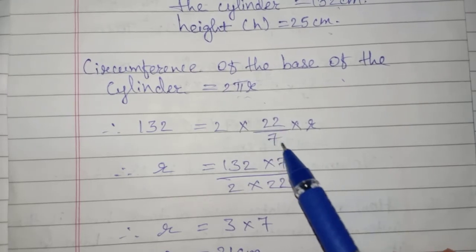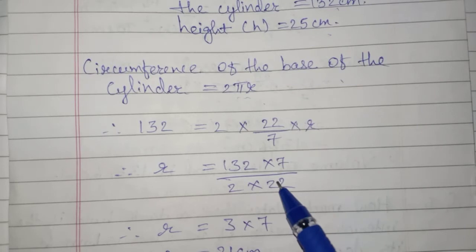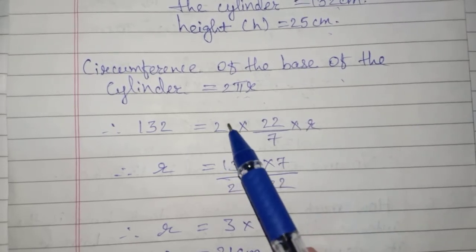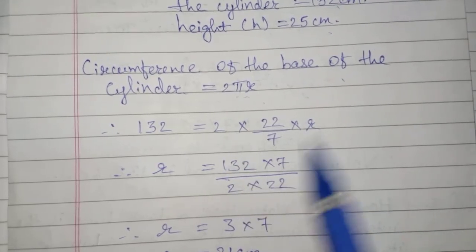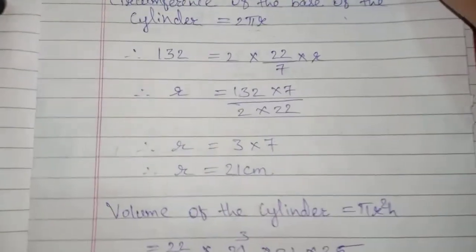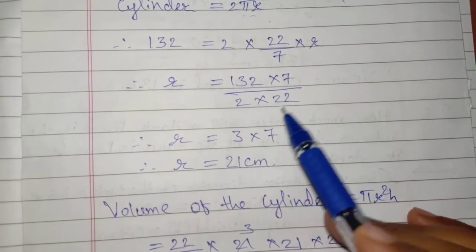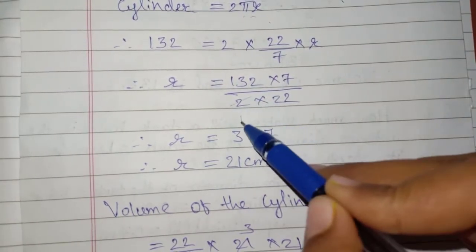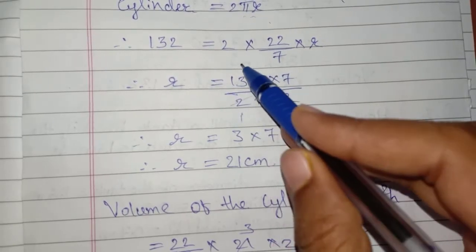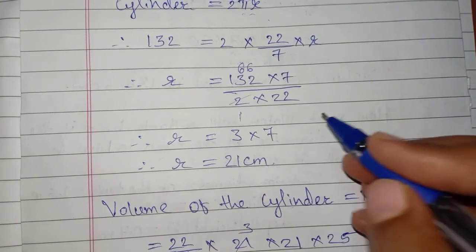22 upon 7 is there. So 7 will go in the numerator and 22 will go down in the denominator. Here also 2 is there for multiplication, which will go for division. So you will get here 3 into 7. Okay. See here 2 1s are 2, 2 6 are 12, 2 6 are 12, 2 6 are 12.